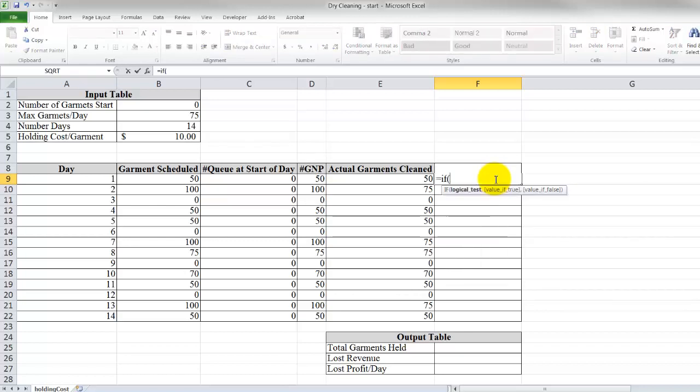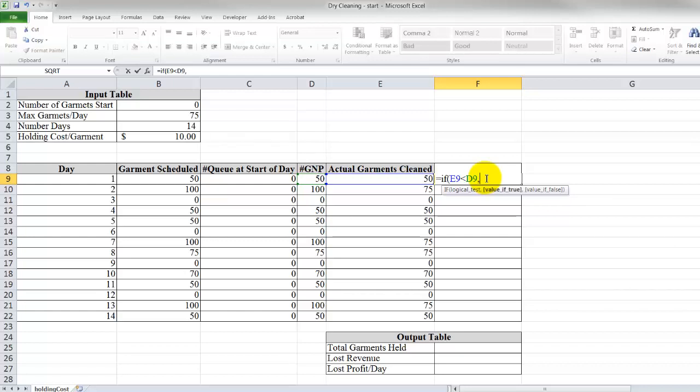Let's check the situation: if E, which is the actual garments, represents less than D9, which is the number of garments to be processed, we have a situation where we are going to carry that inventory. So if the actual garments processed is less than what was required or scheduled to be processed, then we have an issue.